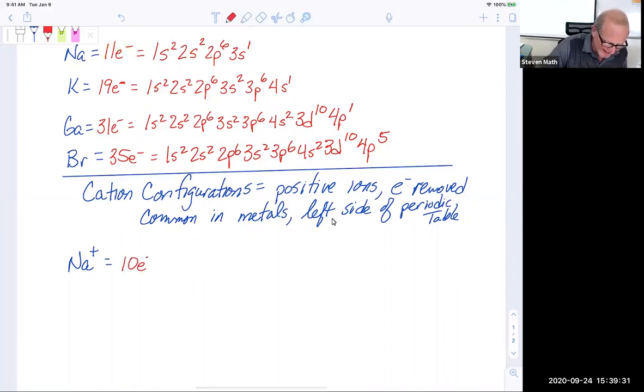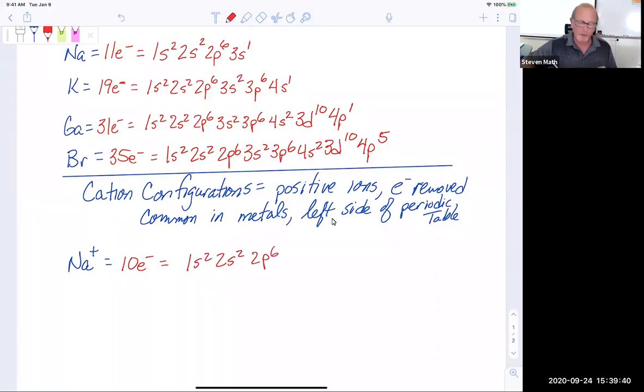So now I've got 10 electrons. And that electron configuration is the one we said, hey, remember that one. 1s2, 2s2, 2p6. It's an easy way to count to 10. That's 10 electrons. We like that. Very common.